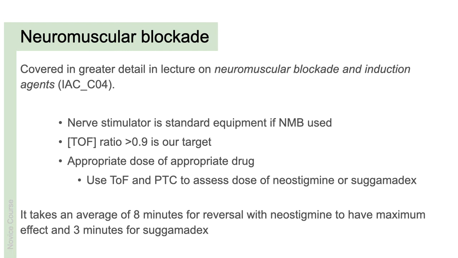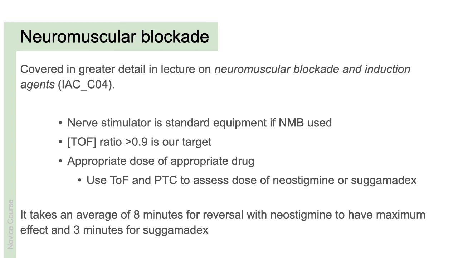And the agents we use are sugammadex for rocuronium and possibly vecuronium, or neostigmine for the non-depolarizing muscle relaxants. The dose of these is determined by the train of 4 count or the post-tetanic count.